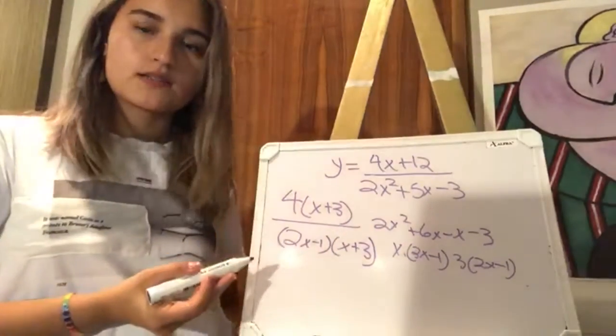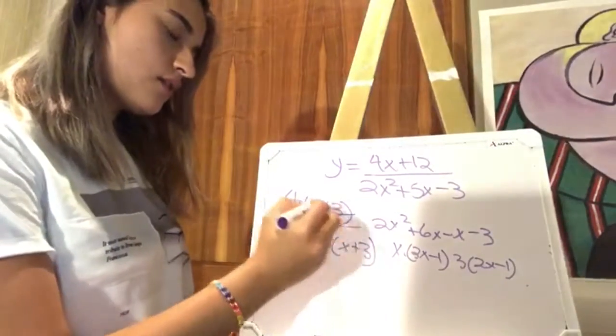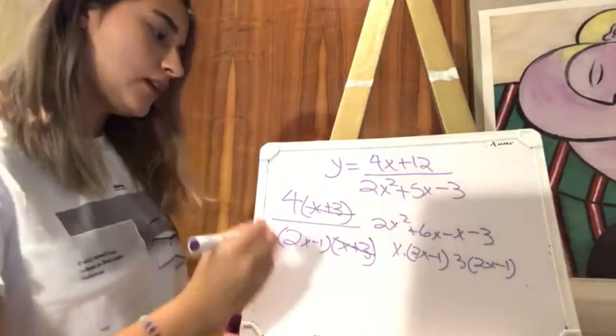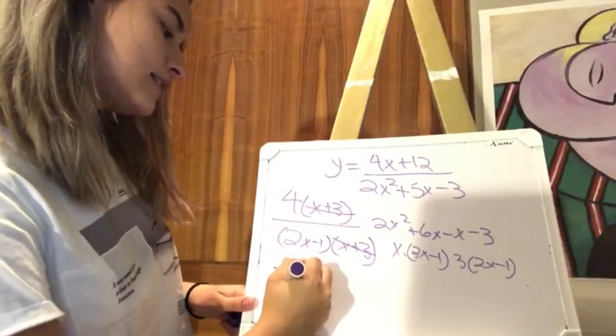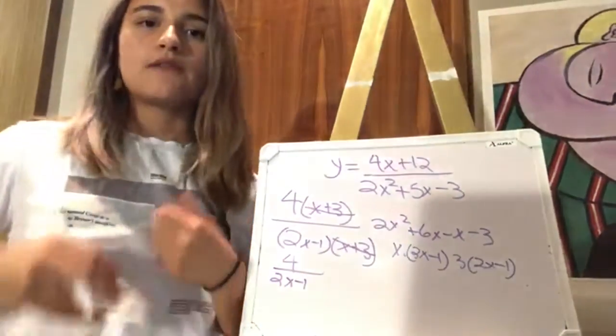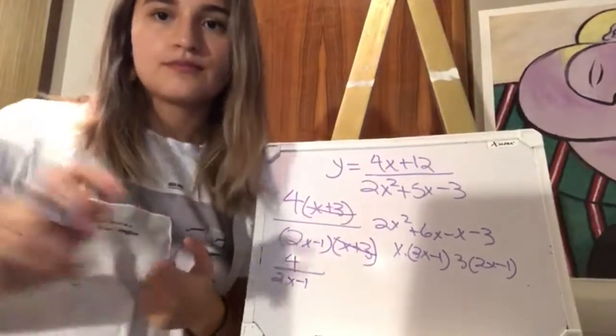So here we have a chance to cancel out x plus 3, and we're going to be left with 4 over 2x minus 1. From here, we're going to find the vertical asymptote.